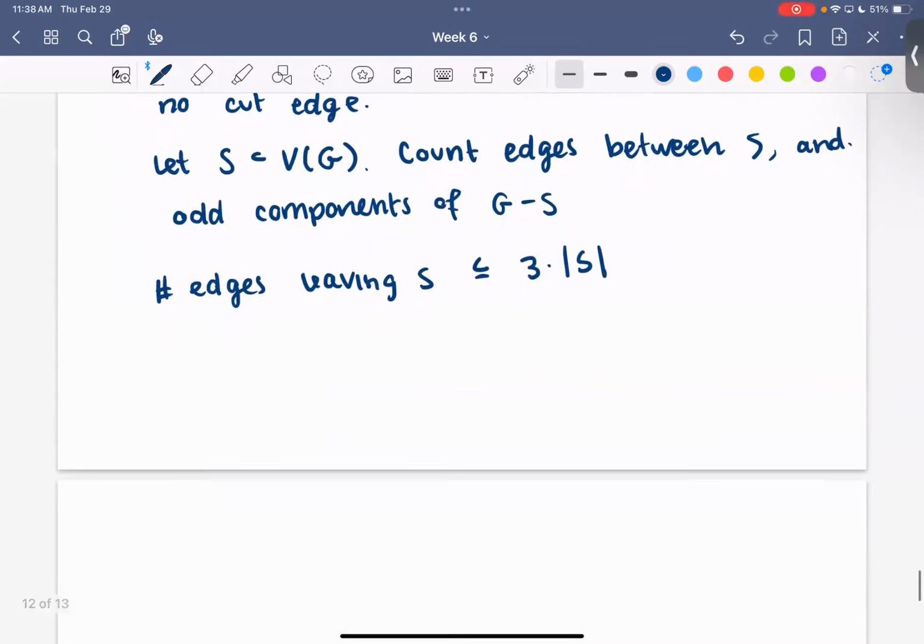Okay, on the other hand, I'm going to make an observation, and then we need to show that this is actually the situation we're in.